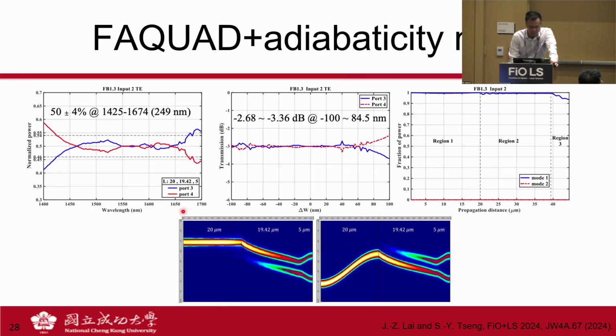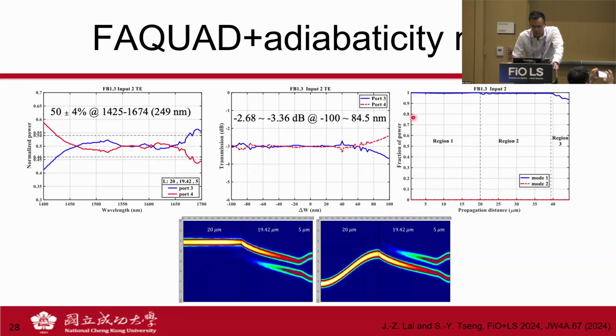The mode evolution region is about 20 microns. And on the left, you can see the wavelength: you have a very large, almost 250 nanometers of bandwidth, and very good fabrication tolerance. This is the width variation.